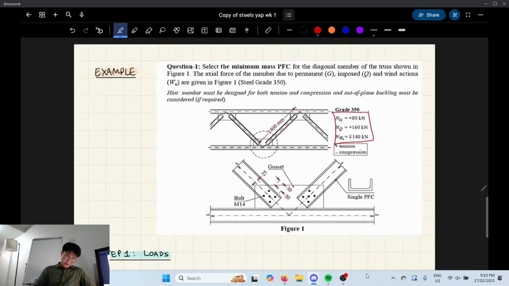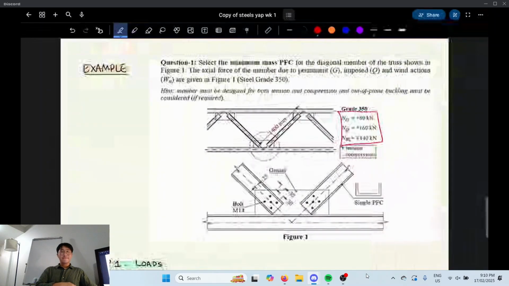So what does NG plus 80 kilonewtons mean? Can someone translate that into an English sentence? Is that the dead loads? Yes, it's the dead loads, and you just add 80 kilonewtons onto dead.